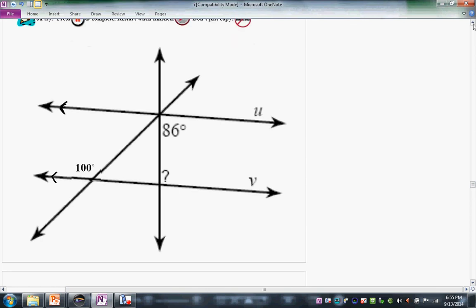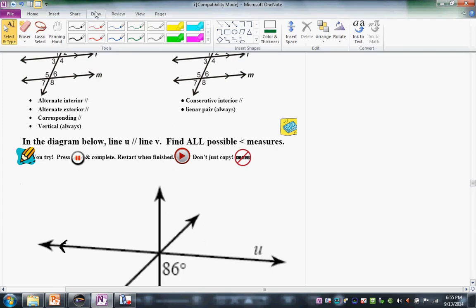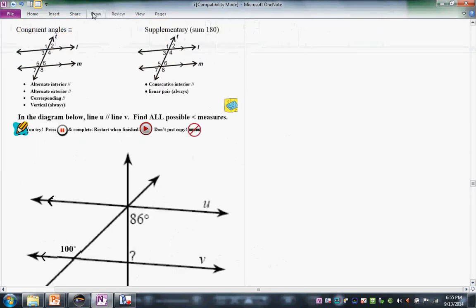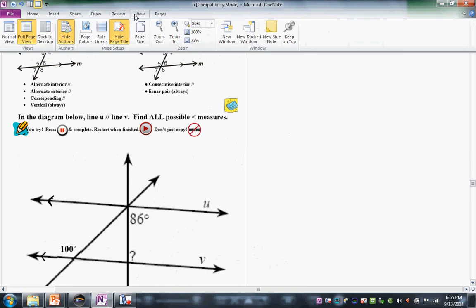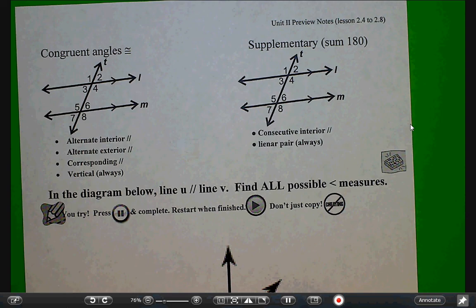Okay, keep in mind this, that when lines are parallel, these angles are congruent. Alternate interior, alternate exterior, corresponding and vertical will always be equal when lines are parallel. Supplementary: consecutive interior, and linear pairs. Ready? Let's do this last one together.